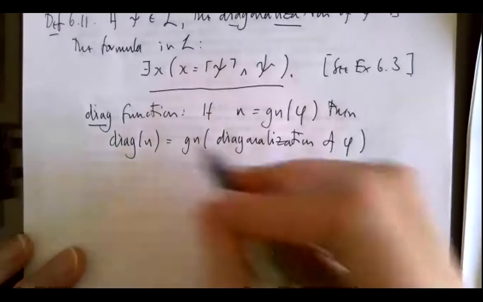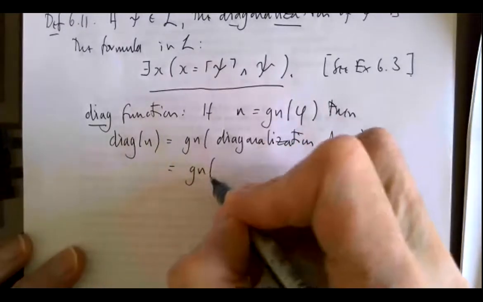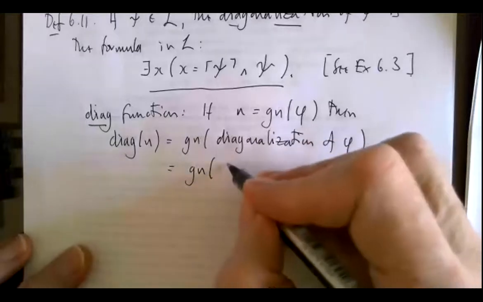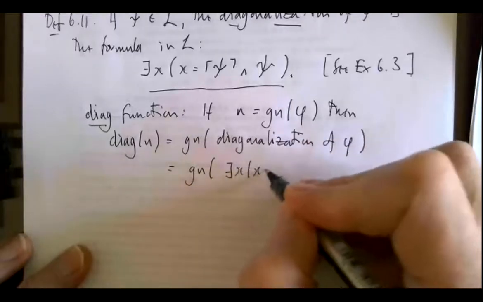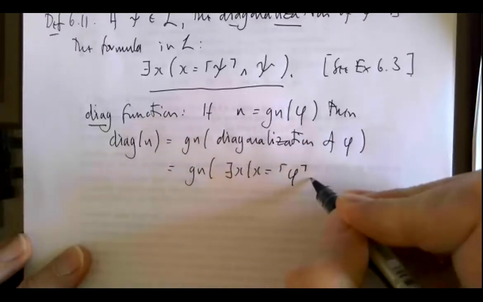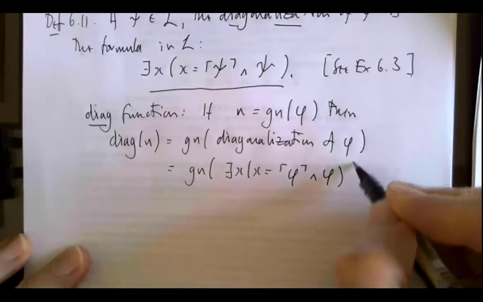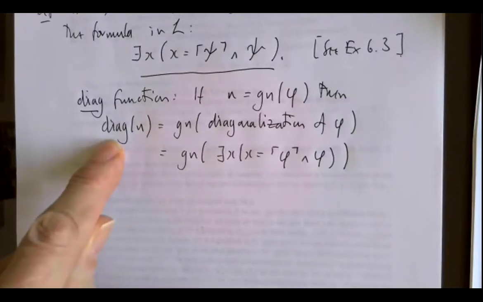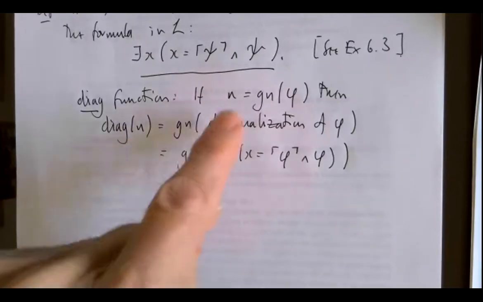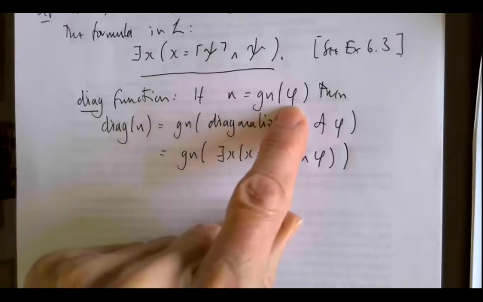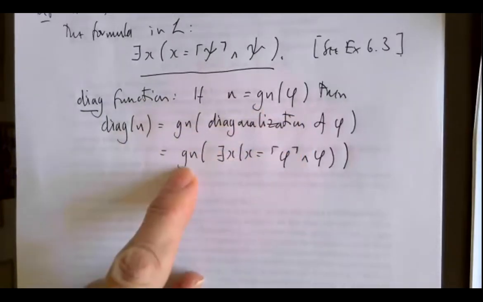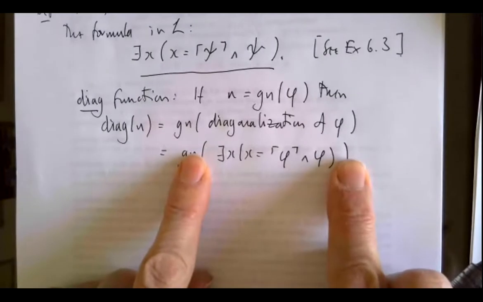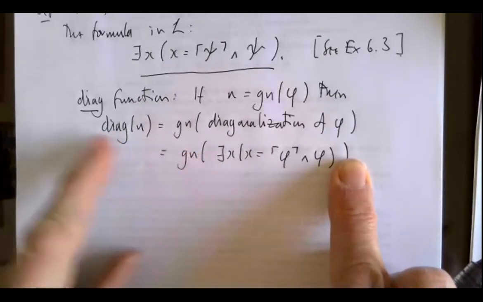And to be explicit, what is this Gödel diagonalization? It's this one. So the diag function takes the Gödel number of a formula and returns the Gödel number of the diagonalization of the formula. That's why we call it diag.